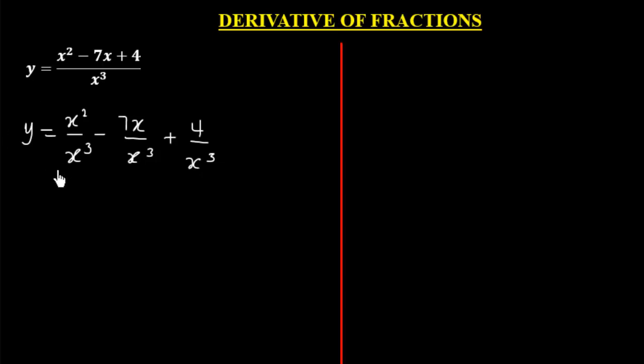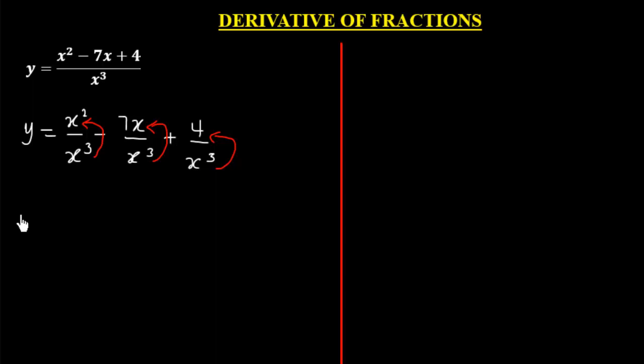Now, to differentiate this function easily, what we are going to do is move the denominator x cubed upstairs. Now remember, as we are moving x cubed from the denominator side to the numerator side, the exponent of the x will change from positive 3 to negative 3.